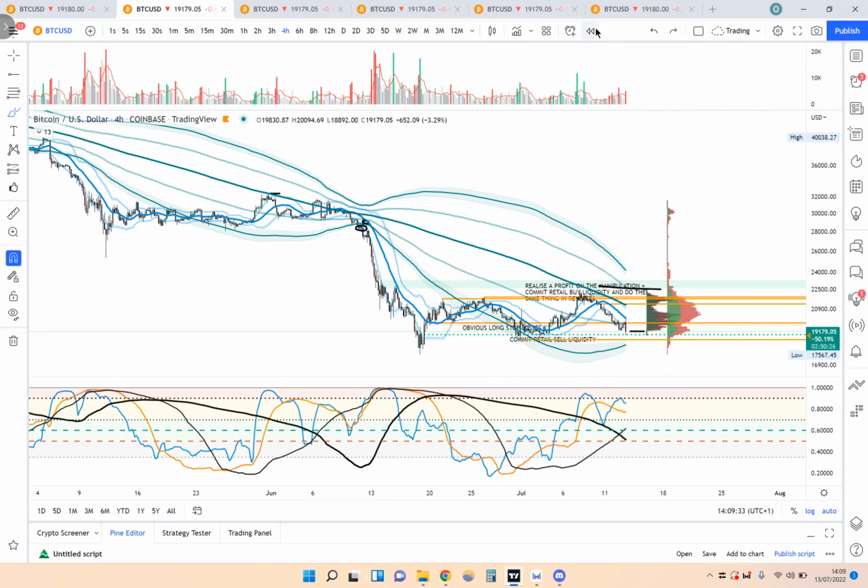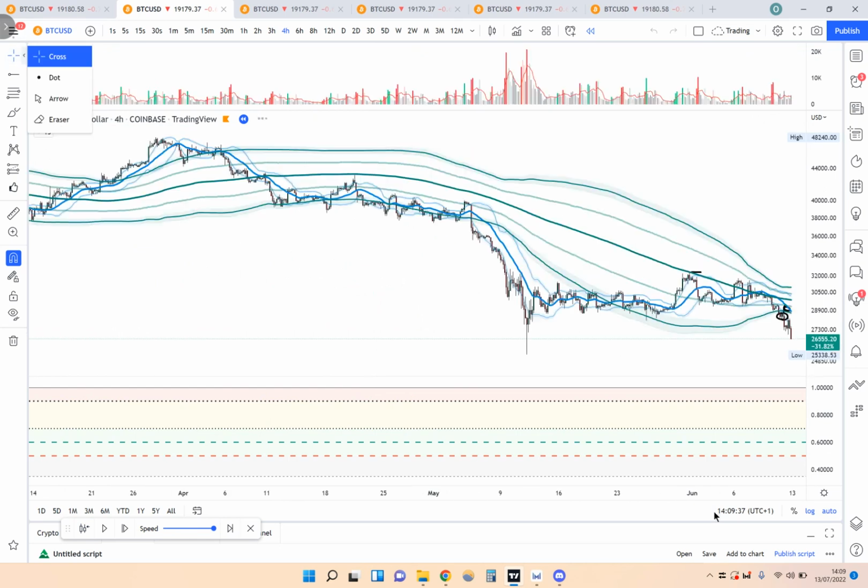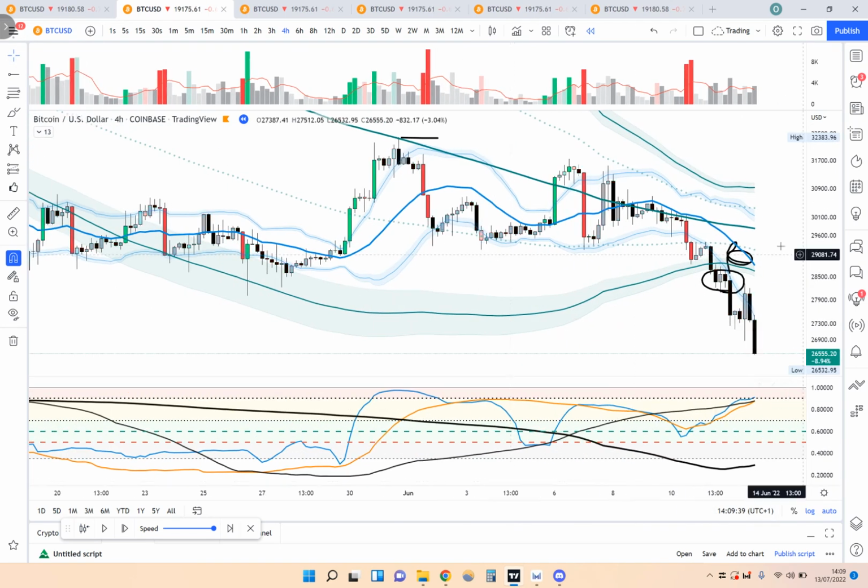If we use the replay function and bring it back to here, retest of both data sets as one was expanding outside the other, which was a high probability, low risk trade because your stop loss is here. Because if they get in here and close within here, the trade idea isn't validated.